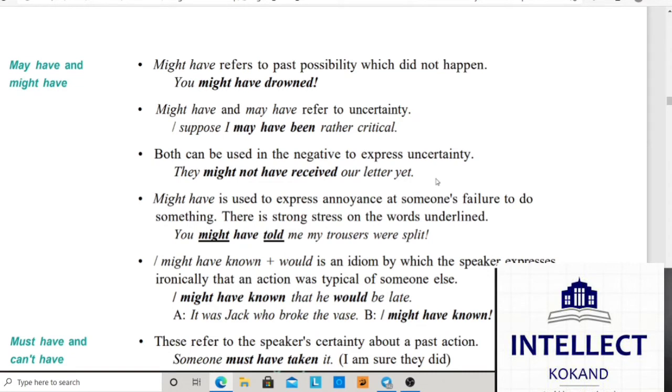I might have known is an idiom by which the speaker expresses ironically that an action was typical of someone else. I might have known that he would be late. I might have known that Shehzad would not come, right? It was Jack who broke the vase. Ha, I might have known. Bilardim o'zi shunaqaligini.